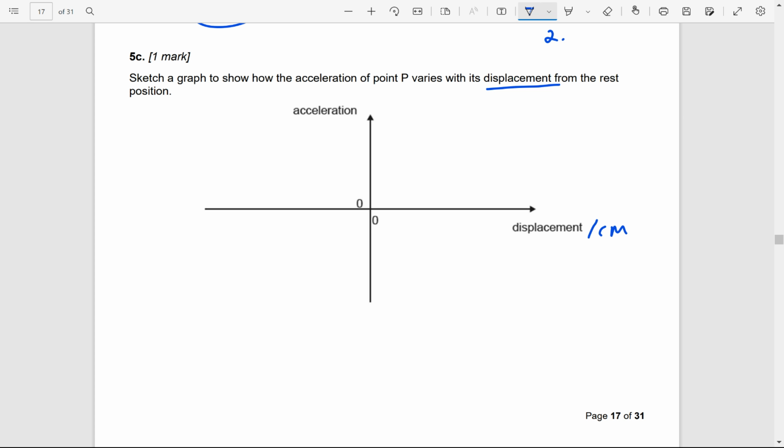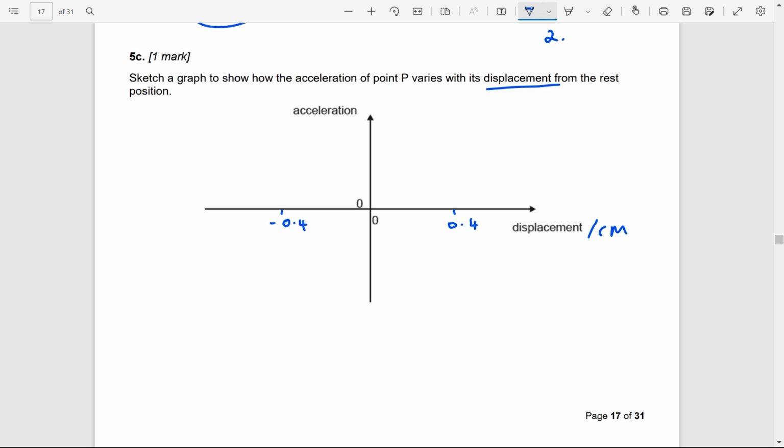So I'm going to put this in centimeters. Let's put 0.4 here, and I could go to negative 0.4 here.